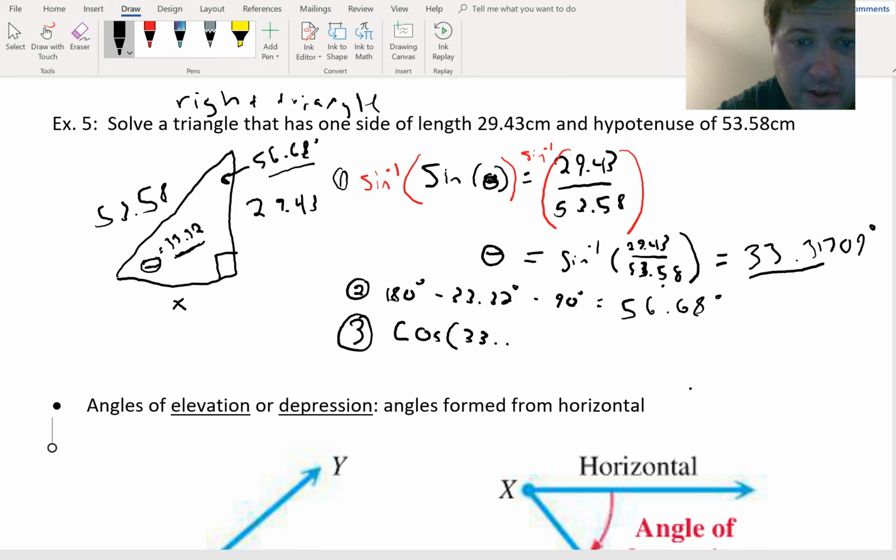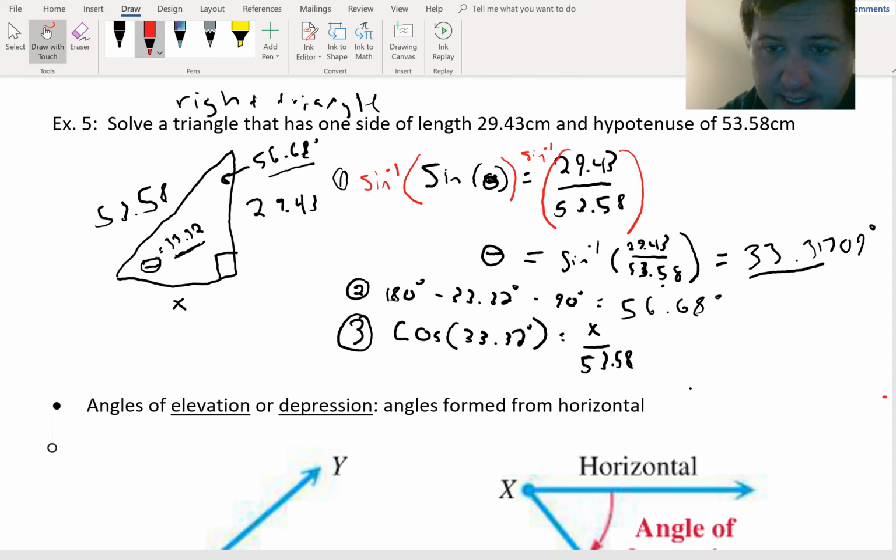Cosine of 33.32 degrees is equal to our adjacent side x divided by our hypotenuse 53.58. I'll write in the same step we've been doing. I'm going to multiply by the 53.58 without skipping a beat. You'll probably get really used to doing this because you'll have to do it a lot. Multiply by that denominator, 53.58. And that will eliminate this.